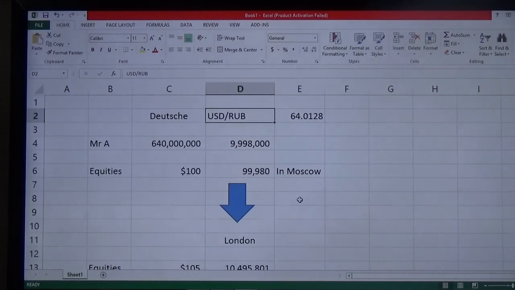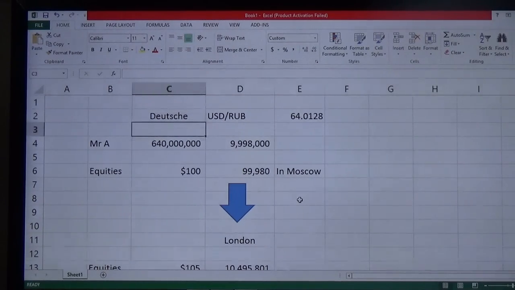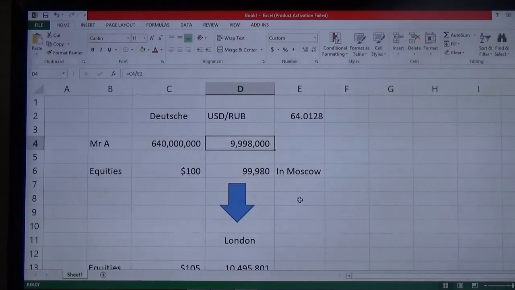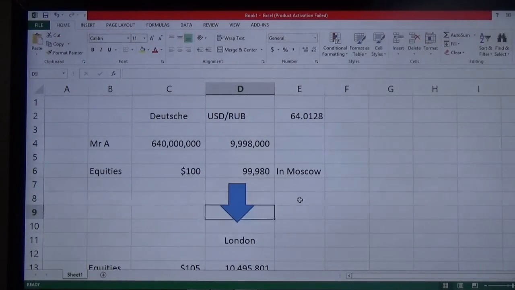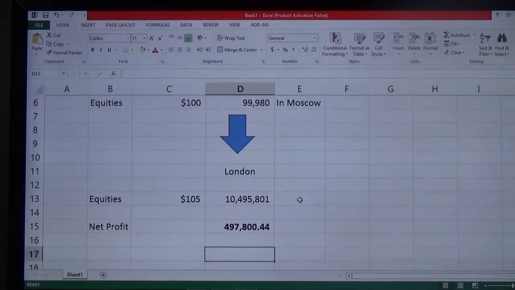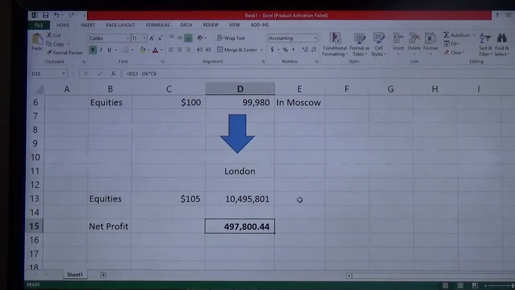The reason is that the person sitting in Russia, who has rubles, RUB, would first convert these rubles into dollars. Using these dollars, he will buy so many equities, and then he will sell so many equities in London. This person is not bothered about the profit of 4,97,000, or roughly $500,000.